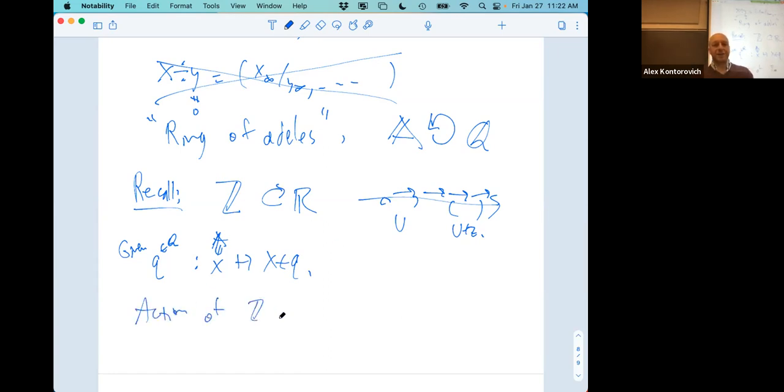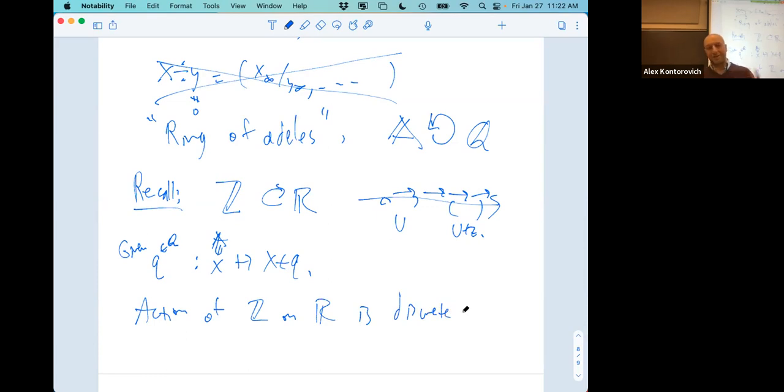Action of Z on R: is it a continuous action or discrete? Are the integers discrete in the reals? Yes. So this action is discrete.